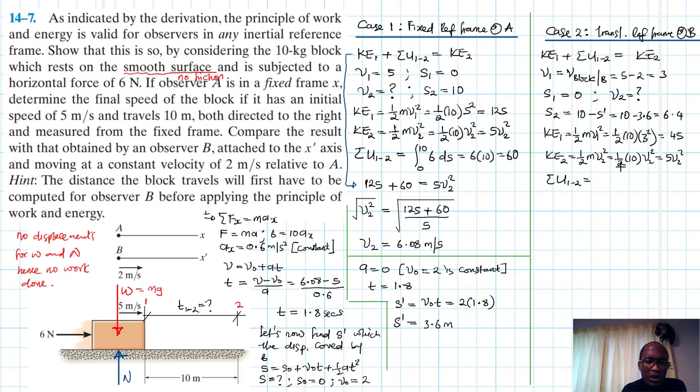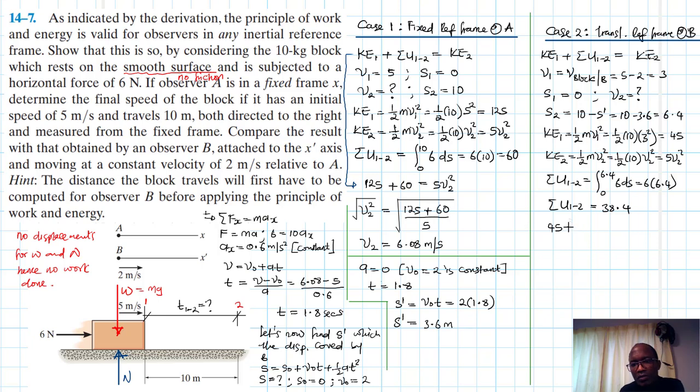These are both in the same direction, so we are integrating from 0 to 6.4 of the force 6 ds, which just gives us 6 times 6.4, and this is positive. This is 38.4 joules.